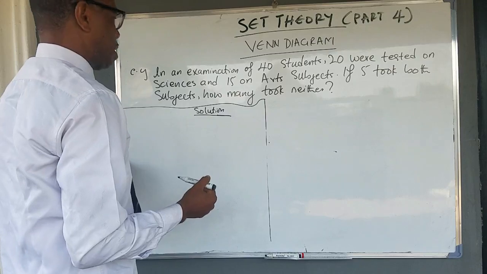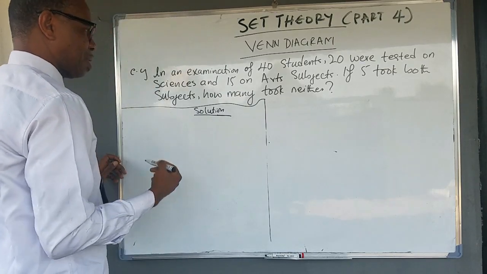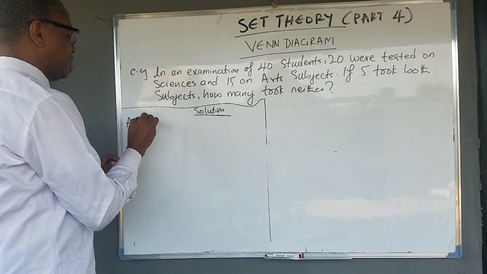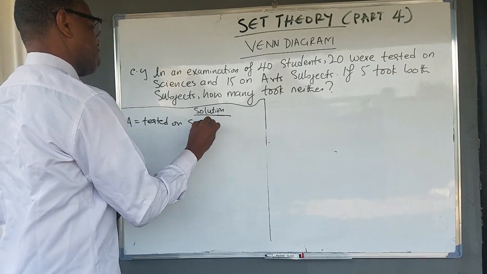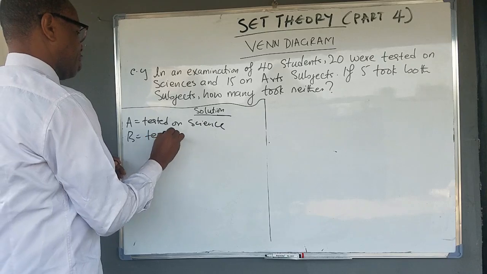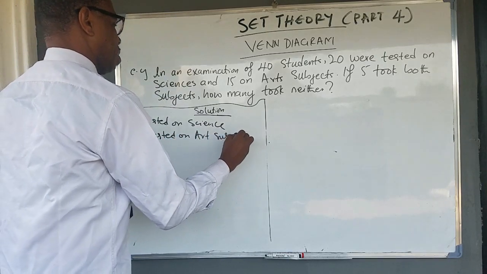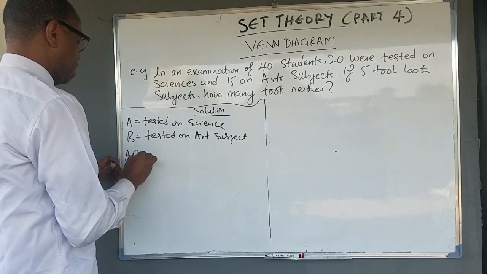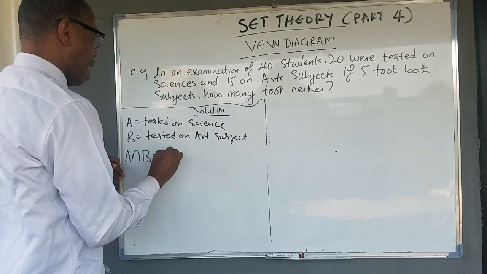40 students, 20 were tested on sciences, 15 on art subjects. If 5 took both subjects, how many took neither? So I now say, let A be tested on sciences, and B be tested on arts subjects. Then those that are tested in both, A intersection B, is equal to 5.